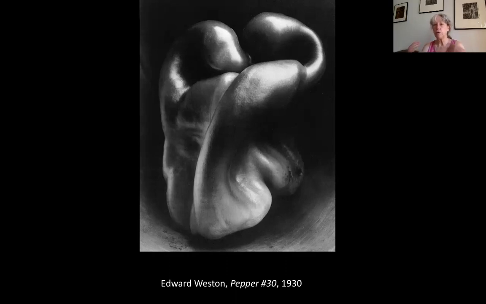He was going for a pleasing, interesting combination of light and dark shapes and lines and masses in two dimensions. It's a purely formal photograph. That is, it's not really about peppers, green peppers. It's about the elements of art.